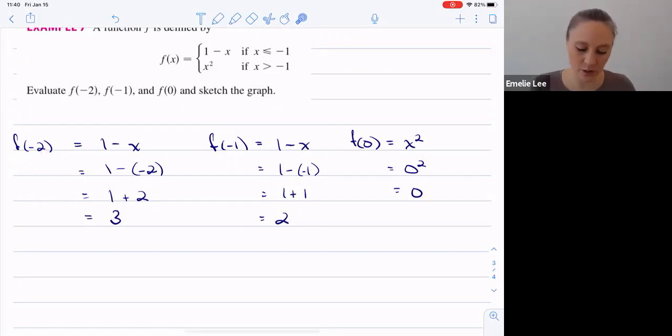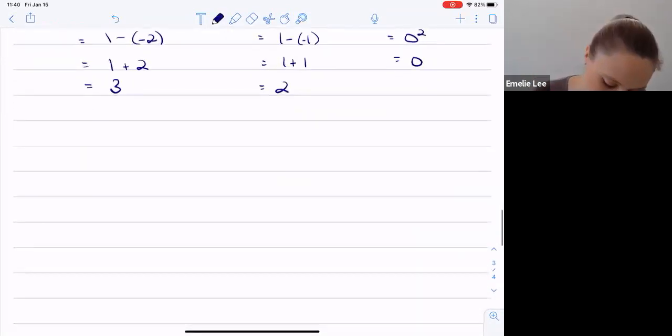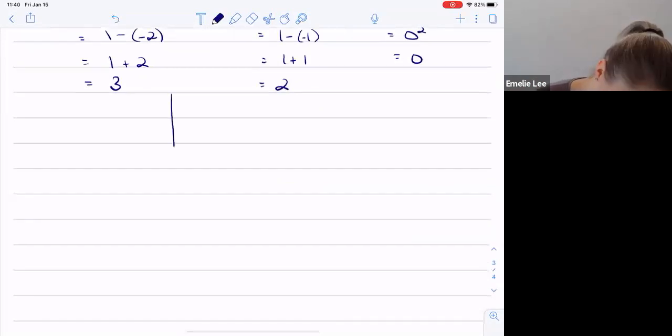These 2 points, -2 and -1, are on the straight line, so we'll be able to draw that straight line. For the parabola, it is just x squared, so we should be pretty good at drawing x squared. But you might need to find a couple more points to plot, if you have to actually graph this thing. But for us, I'm just going to put it here.